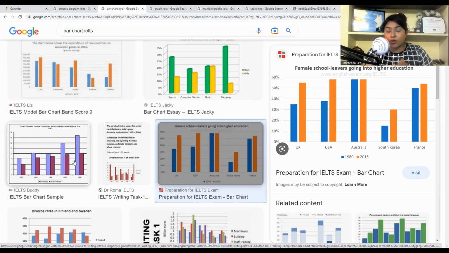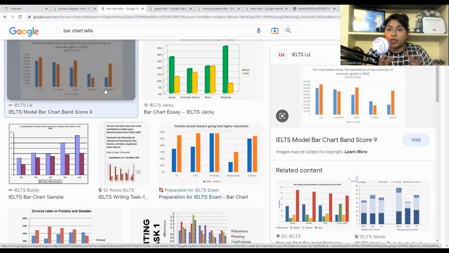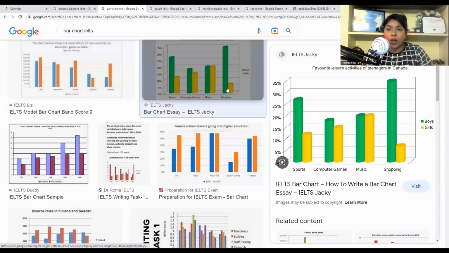You could categorize, if possible. You can create your own titles for these categories. For example, if you have sports, computer games, music, and shopping, you can group them together into different types of leisure activity, like outdoor leisure activities and indoor leisure activities. For example, music and computer games could be indoor, while sports and shopping could be outdoor.